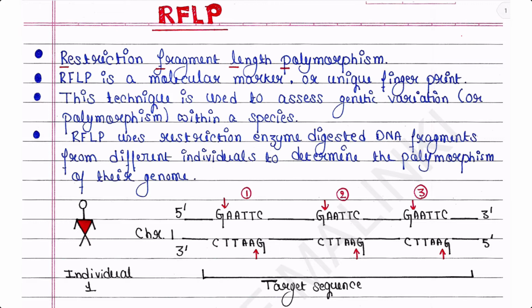That means RFLP is used to assess genetic variation between two or more individuals. RFLP uses restriction enzyme digested DNA fragments from different individuals to determine the polymorphism of their genome.